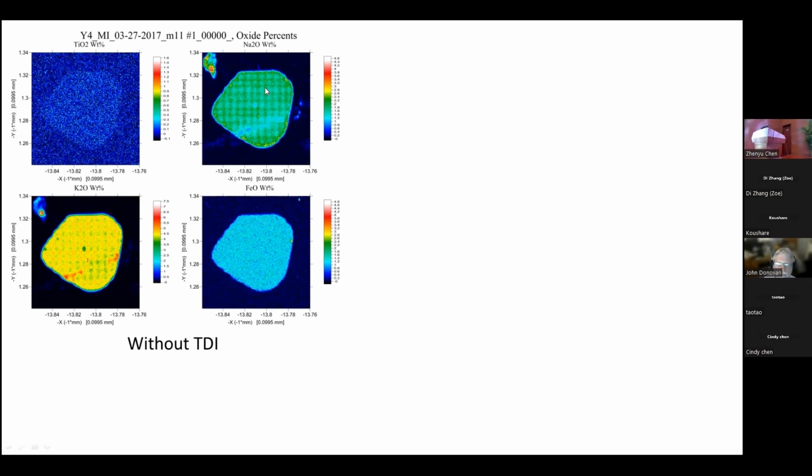So here we see not only a very low number for the sodium concentration, but we also see this grid pattern here. This is complicated to explain. It has to do with ion migration as the beam scans across the sample, but we're getting only 1.8% of our expected concentration there.